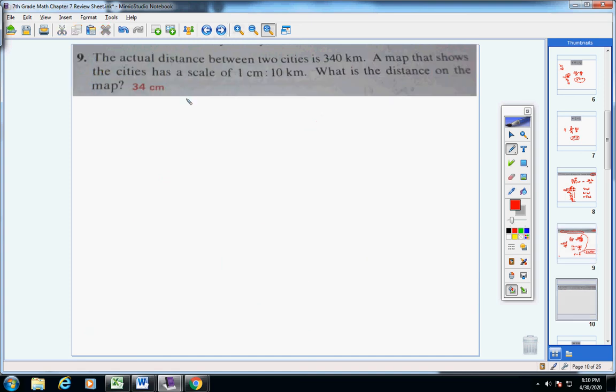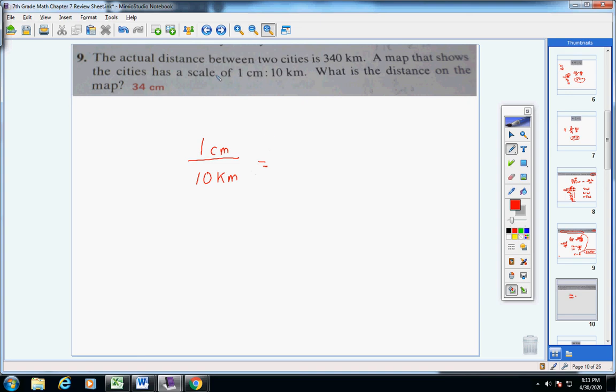All right, number 9. Okay, the actual distance between two cities is 340 kilometers. A map has a scale that shows this right here. What is the distance on the map? So here we go, okay? There's my ratio. Everybody see it? That's my ratio. 1 centimeter is equivalent to 10 kilometers in real life.